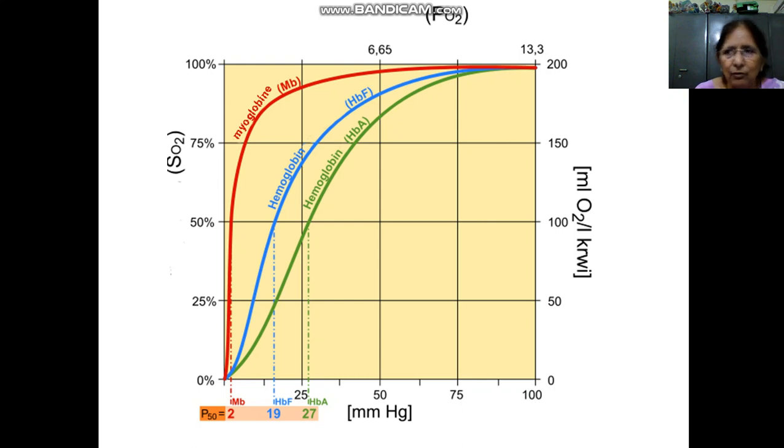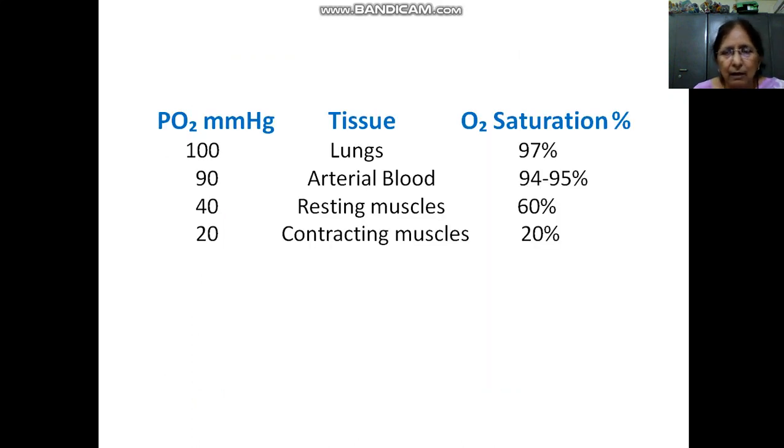In the lungs, the PO2 value is 100 mmHg, so the hemoglobin is 97% saturated. In the arterial blood, it is 90 mmHg, and the hemoglobin is 94 to 95% saturated. In resting muscles, it is 40 mmHg, and then it is 60% saturated.